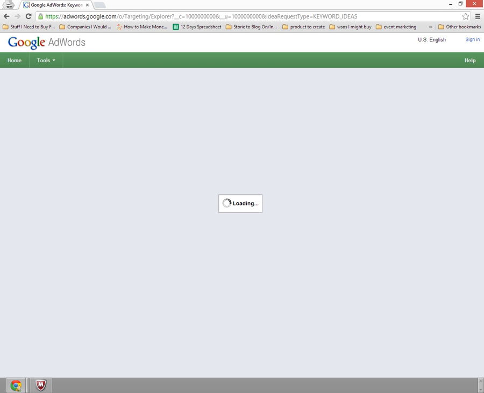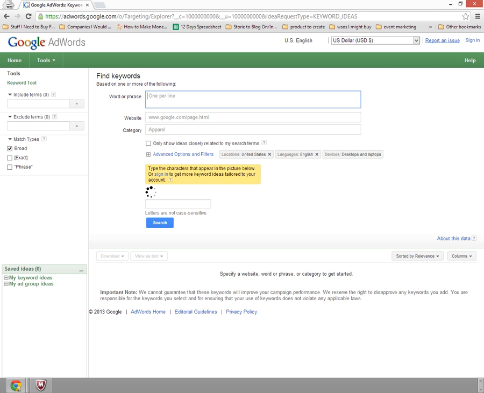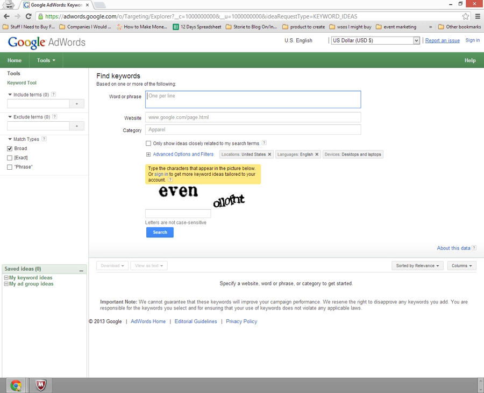Now, when you go inside of the AdWords keyword tool, if you don't have an account, Google will bring you into a screen that looks like this. What you want to start by doing is to put your general search phrase in so that Google can give you keyword ideas of which keywords have enough searches for you to be able to find the traffic to make your offer.